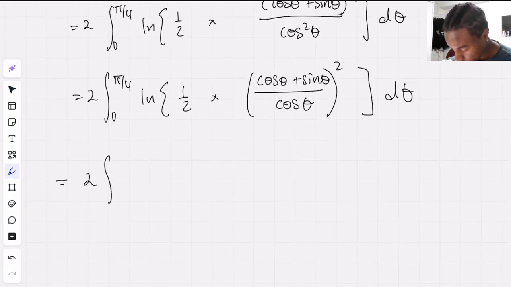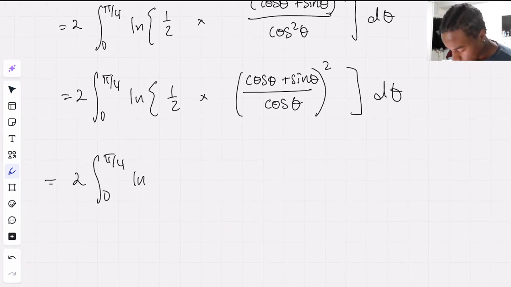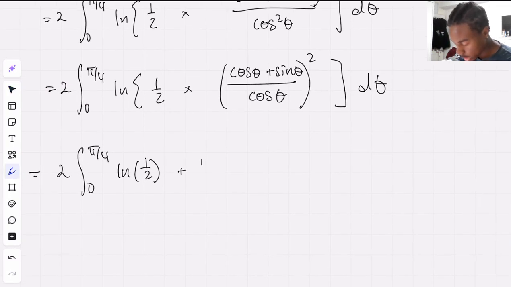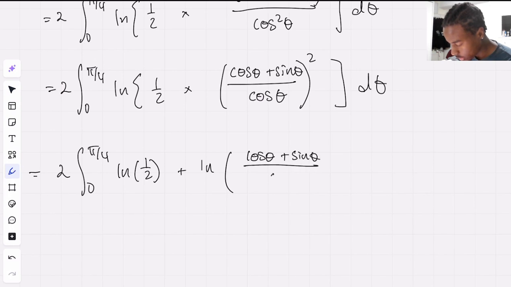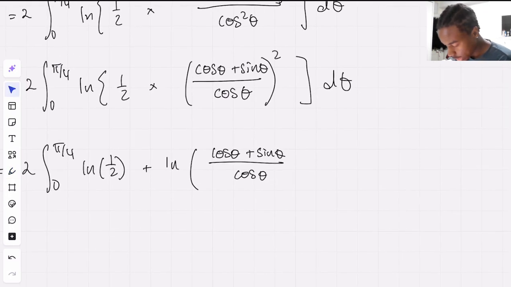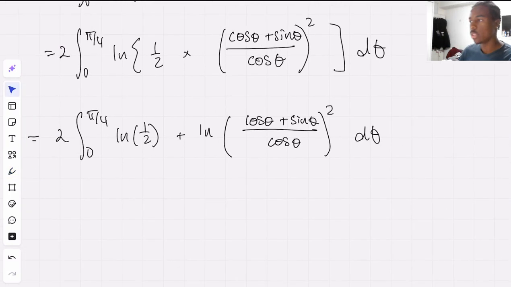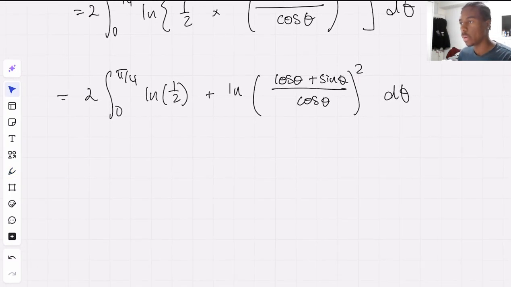So now I can start using my log laws and splitting this up. I'm going to have ln 1 over 2 plus ln of cos beta plus sine beta over cos theta, and this is squared. You should be able to see where we're going with this, because now I can split this up.